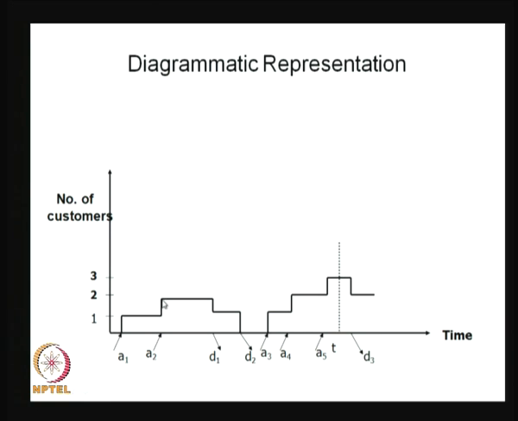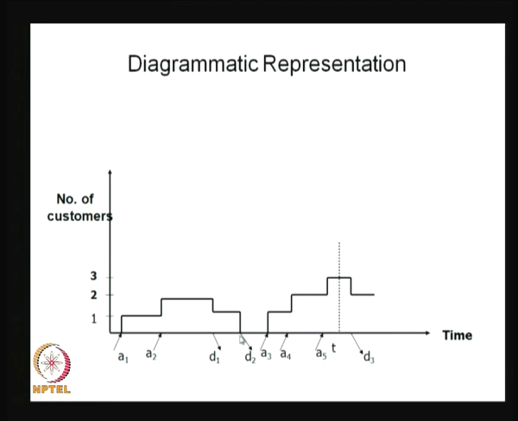Therefore, now the number of customers in the system is 2. At this time point, the first customer's service is over, so he departs from the system; that is D1, the time point at which the first customer's service is over. Now, the number of customers in the system is 1.